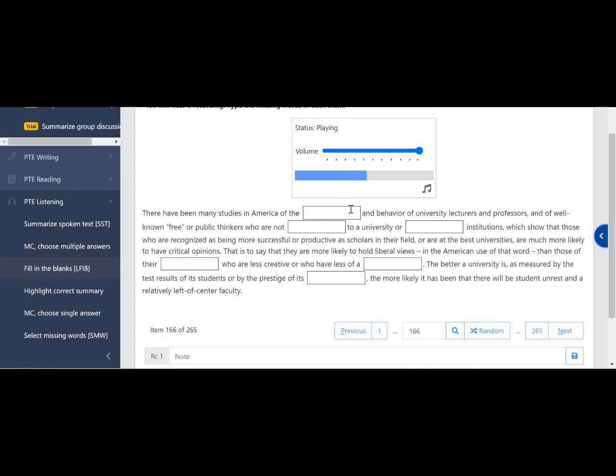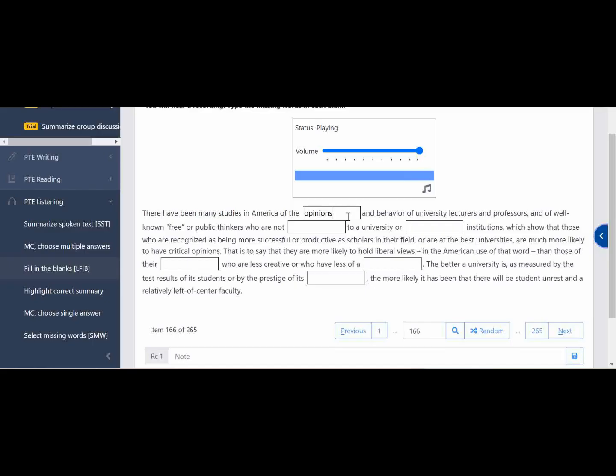That is to say, that they are more likely to hold liberal views, in the American use of that word, than those of their colleagues who are less creative or who have less of a reputation. The better a university is, as measured by the test results of its students or by the prestige of its staff, the more likely it has been that there will be student unrest and a relatively left-of-center faculty.